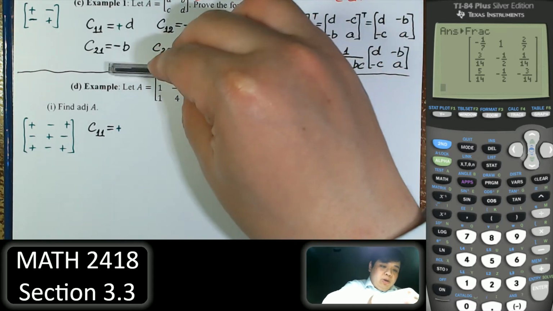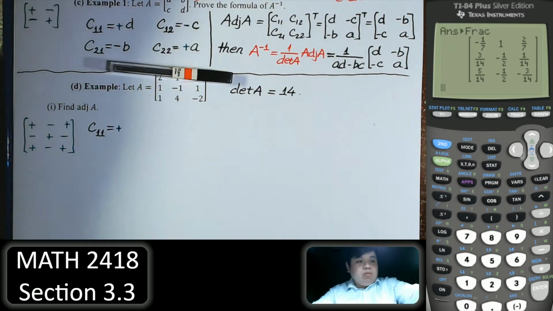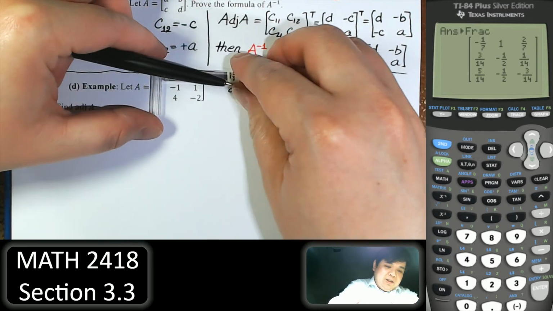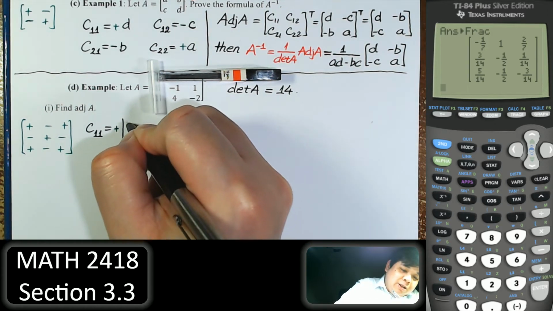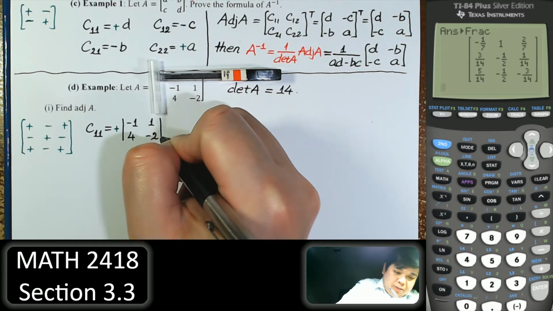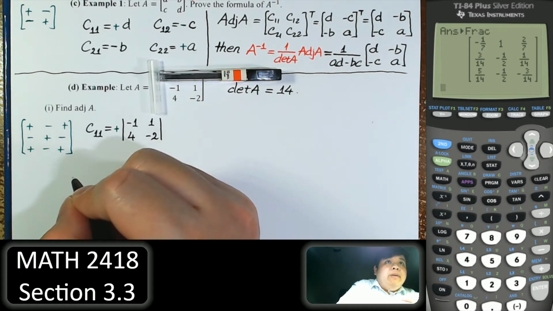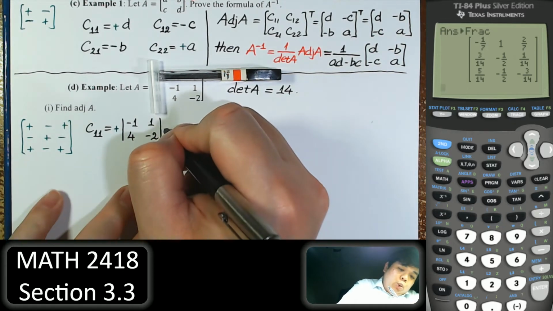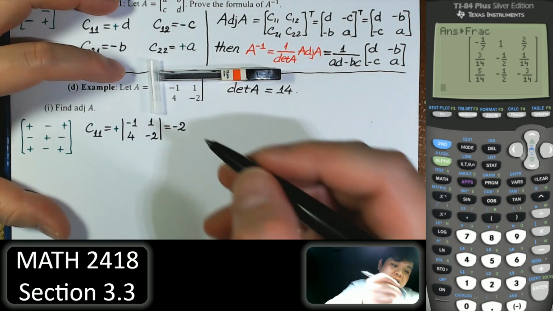We cover the first row and the first column. Alright, so that's what's left. Right, so that gives us 2 minus 4. 2 minus 4 is minus 2. Right, that is C11.